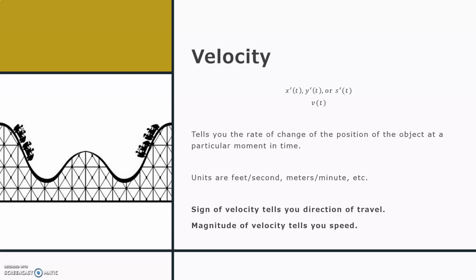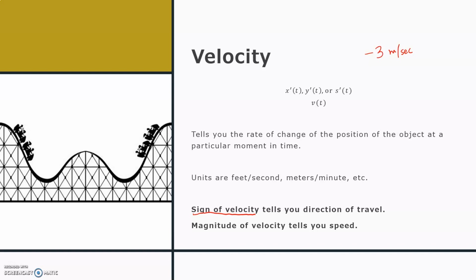Some vocabulary stuff: the sign of velocity. You can have a negative velocity. We think of velocity and speed being the same thing, but the sign tells you whether you're going forwards or backwards, and the magnitude tells you your speed. So I can have a velocity of -3 meters per second, and that just means I'm going 3 meters per second, but I'm going backwards.